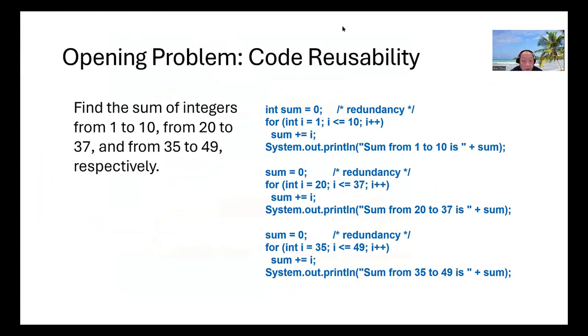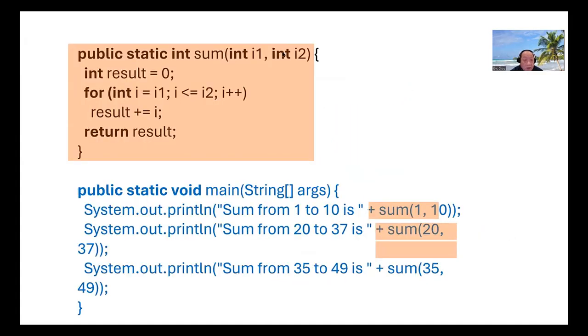So you have code that takes the sum from 1 to 10, this one from 20 to 37, this one from 35 to 49. The code is almost the same. So you can parameterize the code and make it a sum function from integer 1 to integer 2 with a for loop.